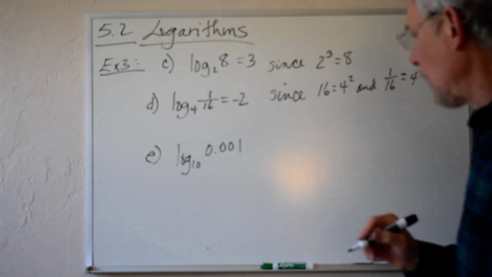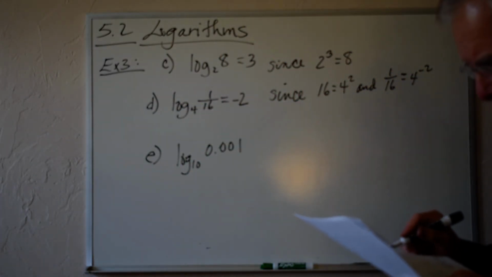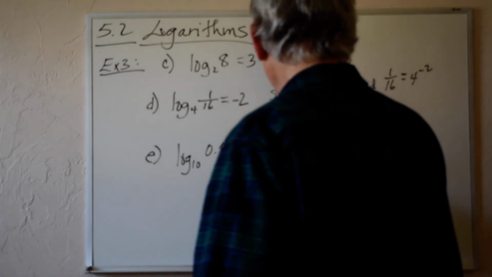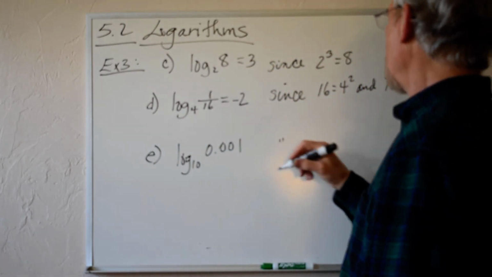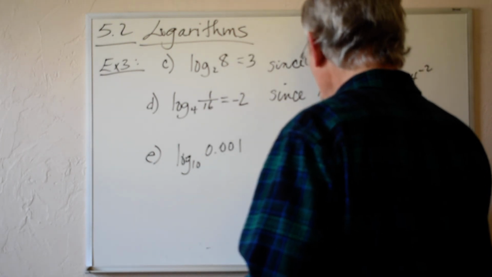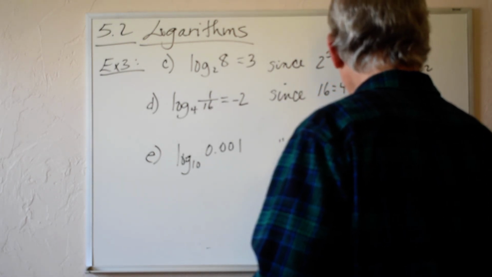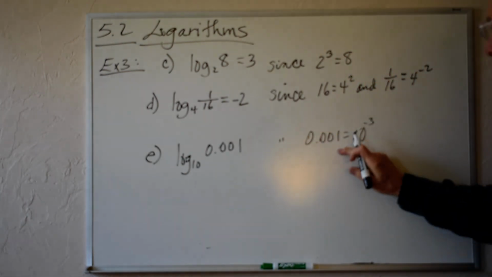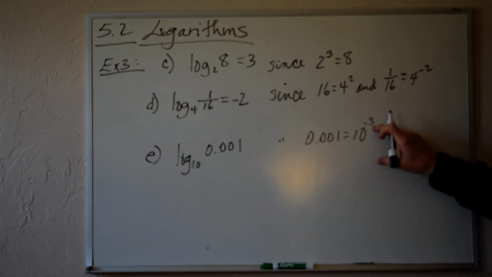What does that equal? Well, I know that, I'll put some ditto marks there, since 0.001 is equal to 10 to the negative third, right? 3 decimal places, negative 3.